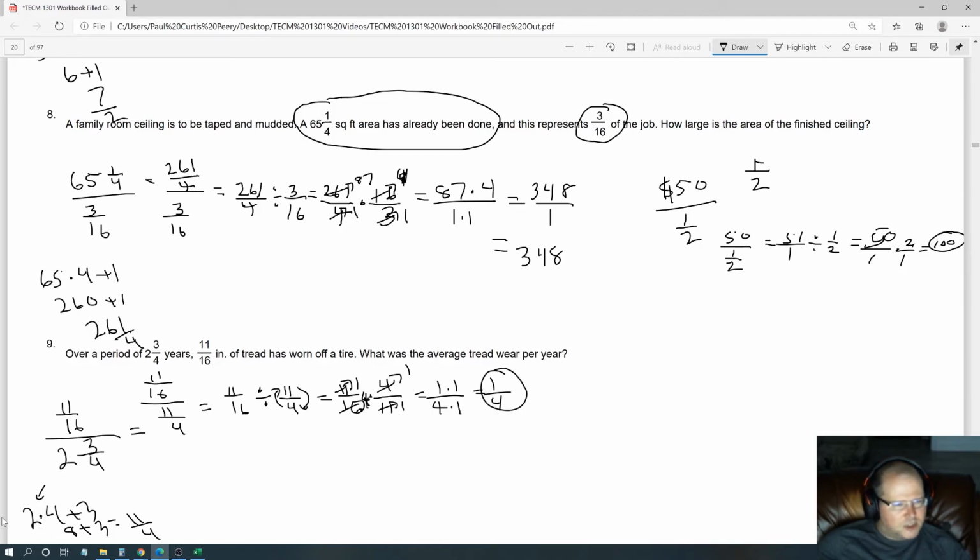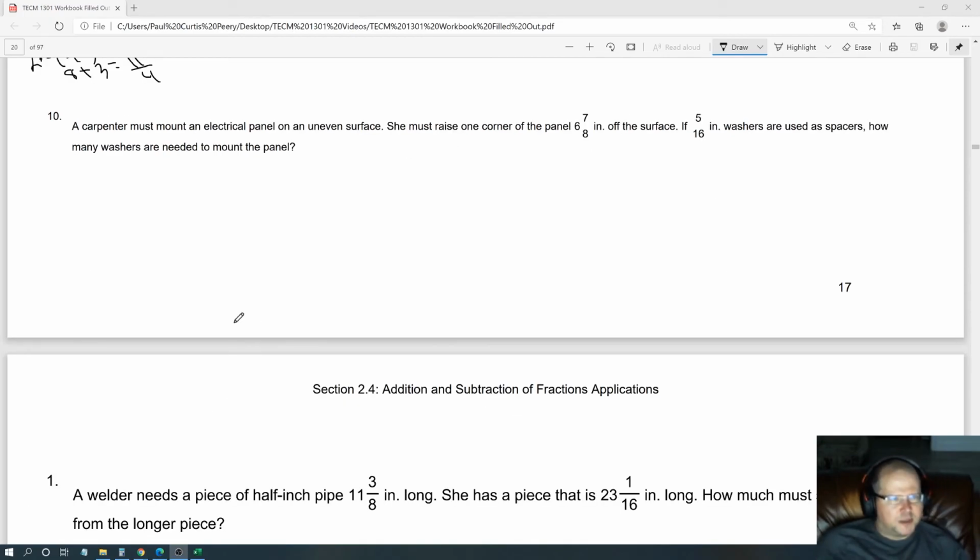So the answer to the question is, over the 2 3/4 years, if 11/16 inch of tread was worn off the tire, that means that 1/4 of an inch of tread was worn off per year. All right, so a carpenter must mount an electrical panel on an uneven surface.